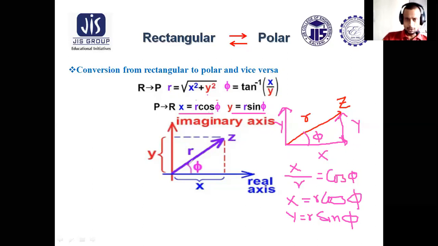So the phasor Z makes an angle phi with the reference axis or X axis, and X will be R into cos phi and Y will be R into sin phi.